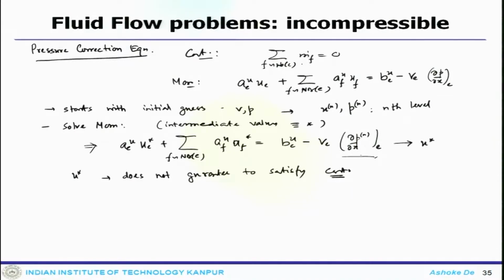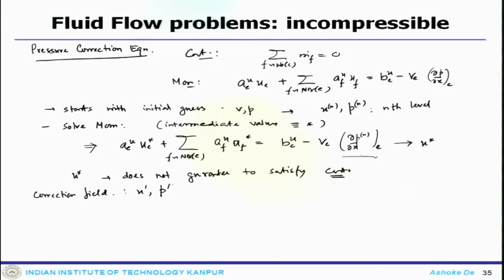So there will be some correction field, u prime, which is added to the computed field, and then assuming that will satisfy the continuity equation.